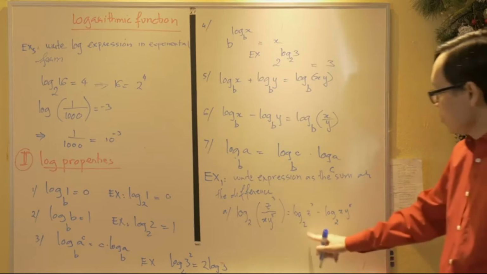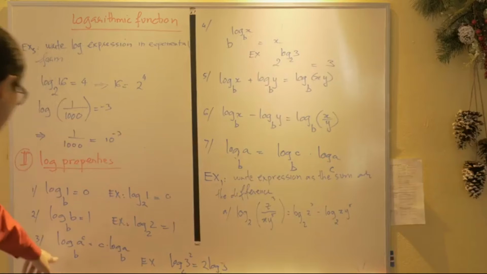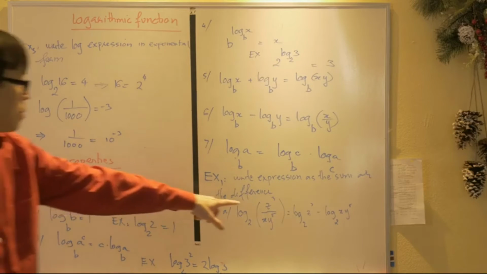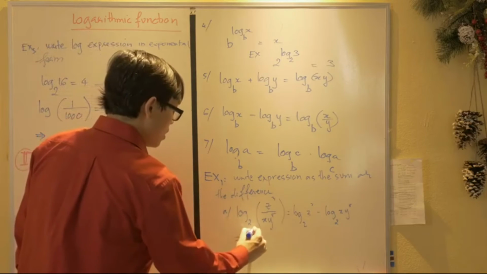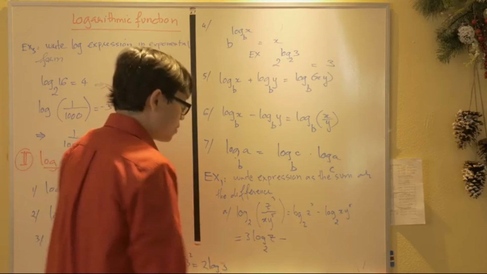For log base 2 of z to the third power, I can bring the exponent 3 to the front, so it is 3 log base 2 of z, minus.